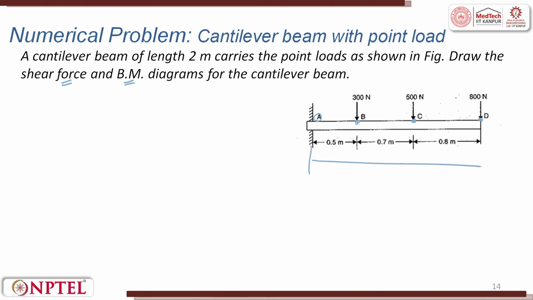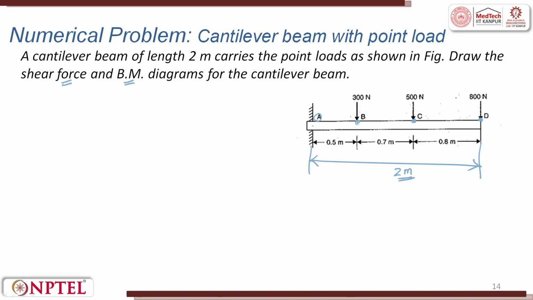The length of the cantilever beam is 2 meters. At 0.5 meters you see a 300 Newton load applied. Then at 1.2 meters you have 500 Newton applied. At 2 meters you see 800 Newton applied.